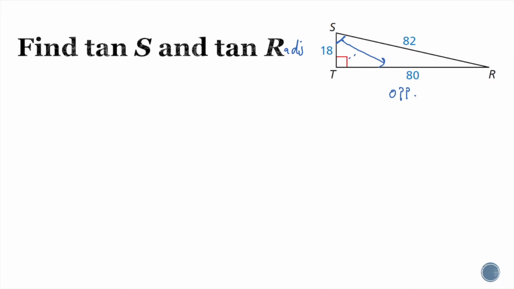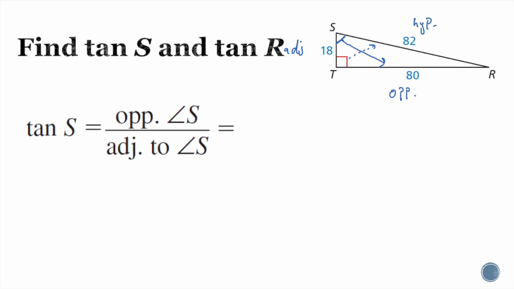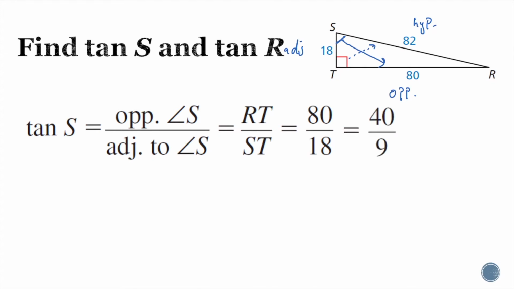The hypotenuse is always opposite to the right angle, as so. This is very important because it's going to make our lives easier. Tangent of S is equal to, hopefully you remember, you can refer back to your notes, the opposite over the adjacent side. So that is RT divided by line segment ST, which is equal to 80 divided by 18, or 40/9.